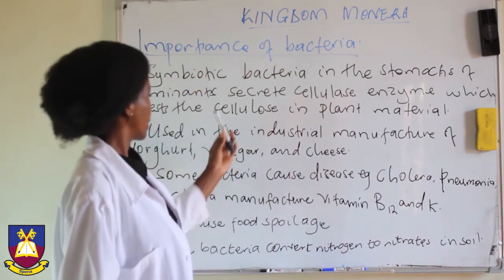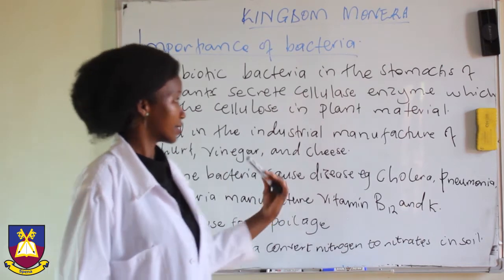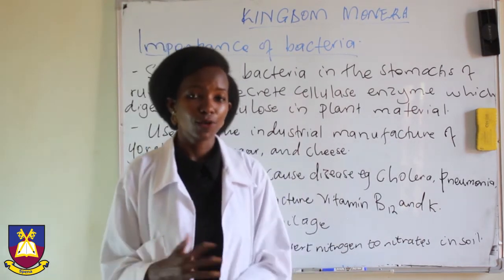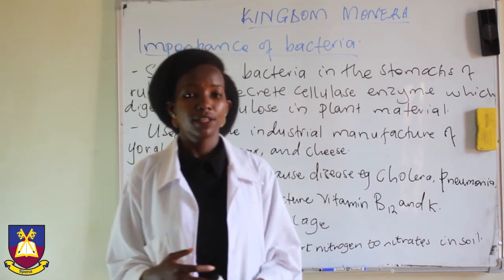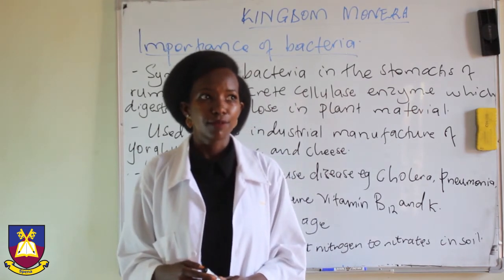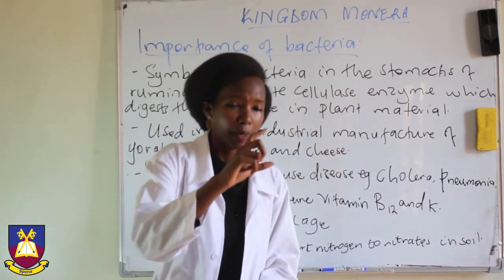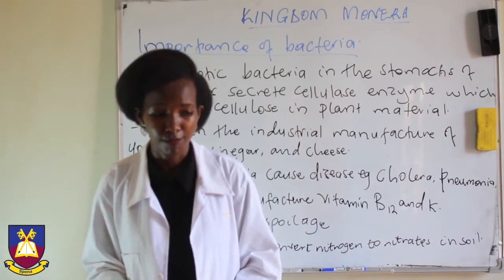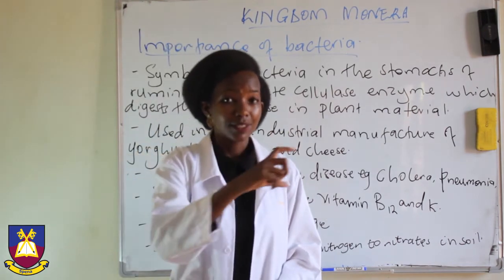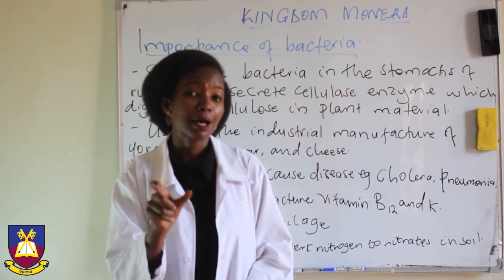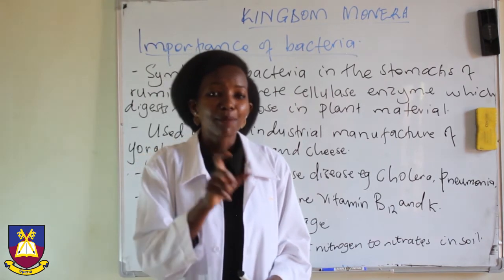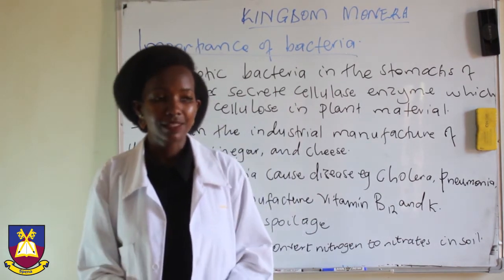That's number one. Number two, they're important in the industrial manufacture of yogurt, cheese, vinegar, among others. If you have ever seen yogurt that's written probiotic, it's because it has some probiotic bacteria inside it.